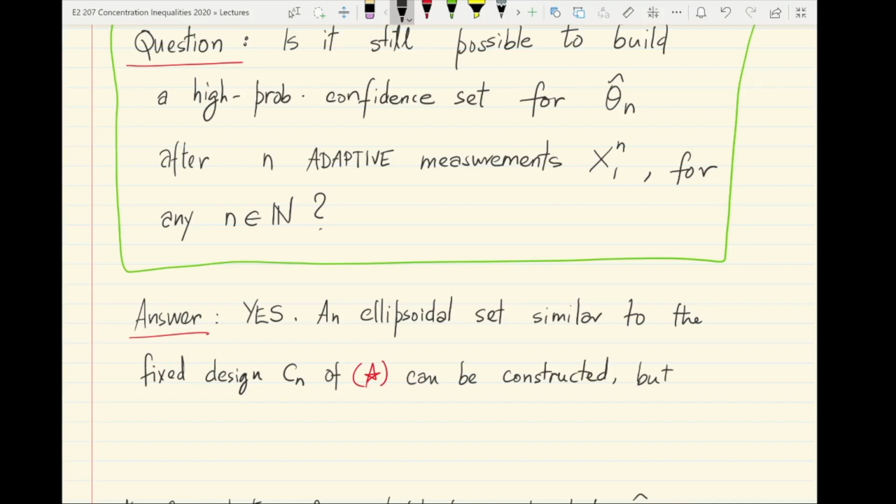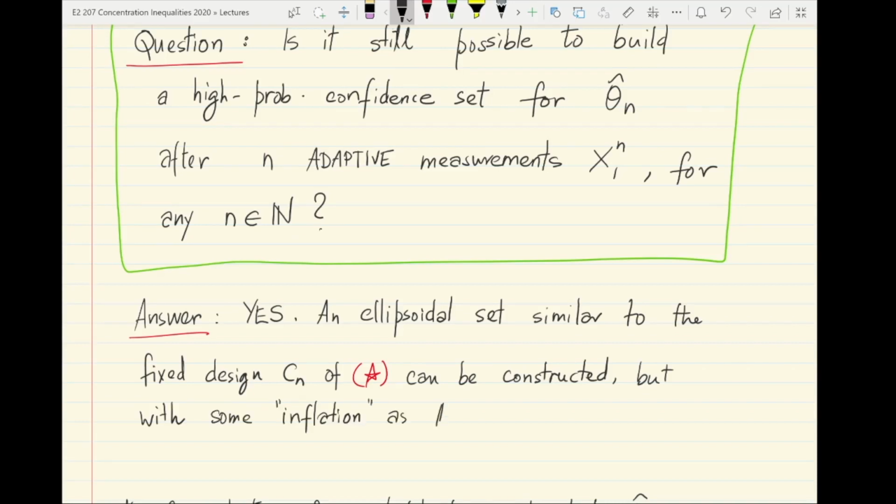But of course we have to pay a price for being adaptive and incurring some bias, so there will be some inflation that we'll have to do to handle the extra bias.